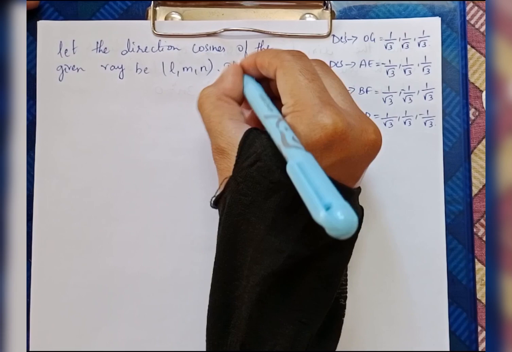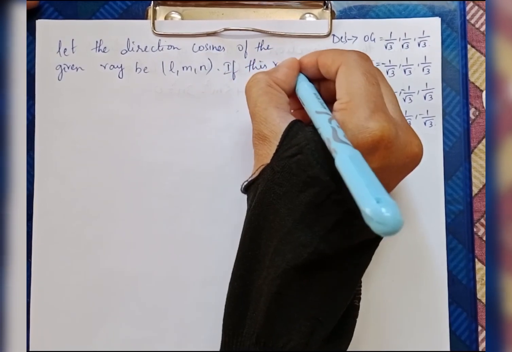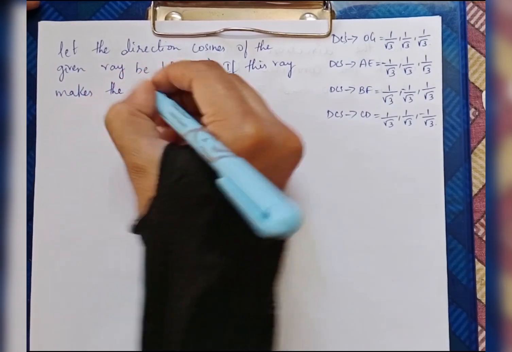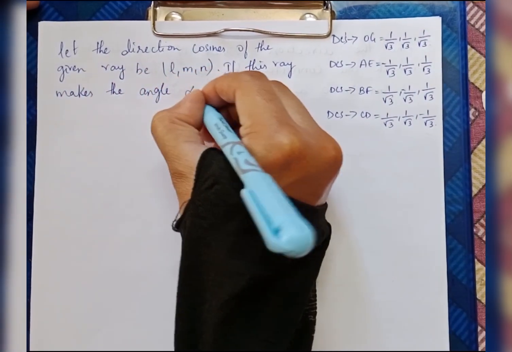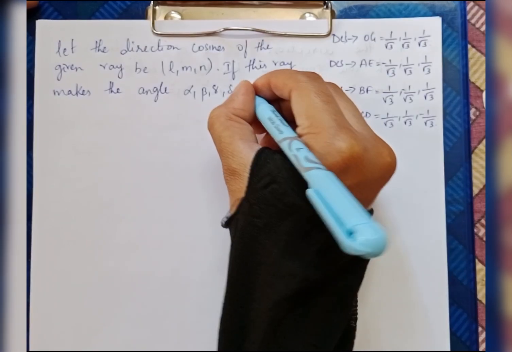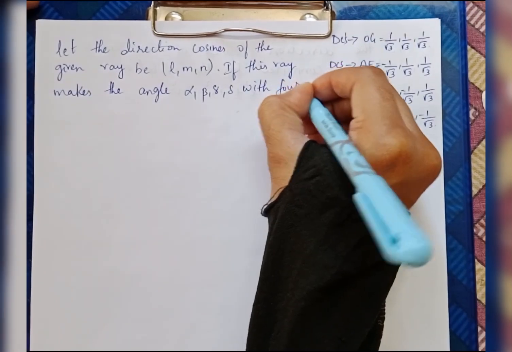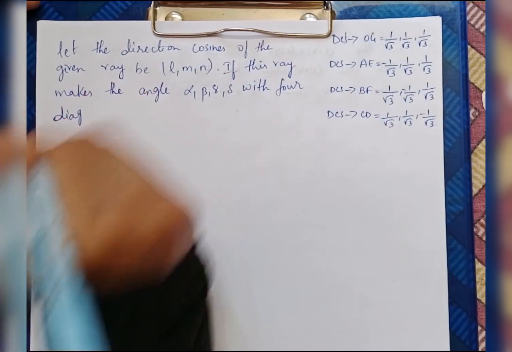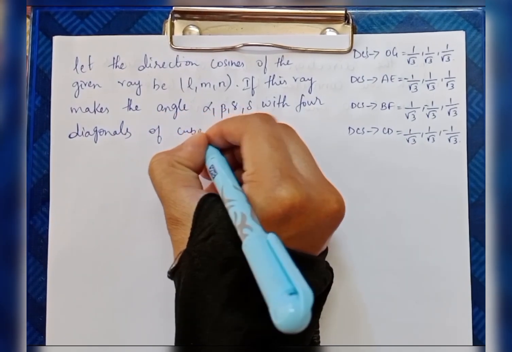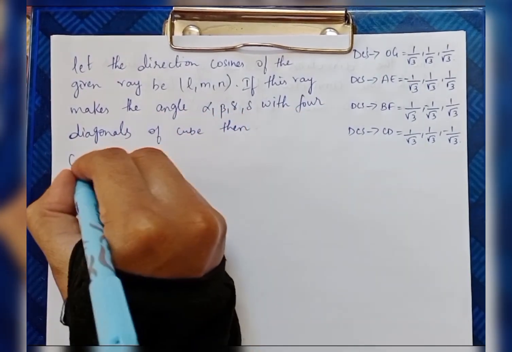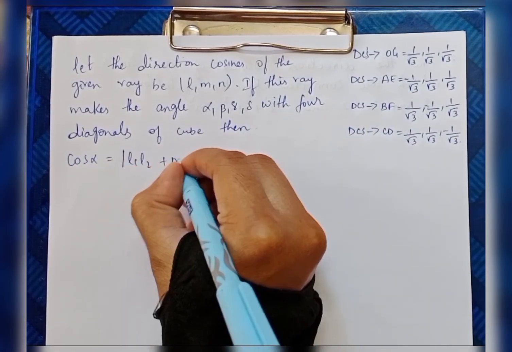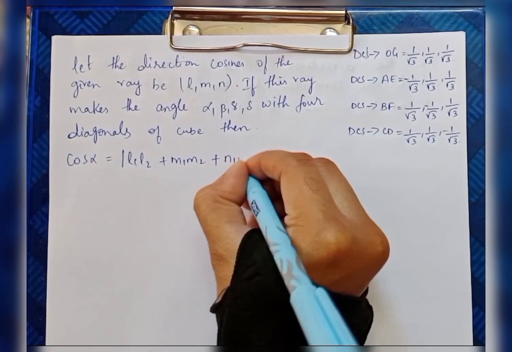If this ray makes the angles alpha, beta, gamma and delta with the four diagonals of the cube, then the formula is cos alpha is equal to mod of l1 l2 plus m1 m2 plus n1 n2.